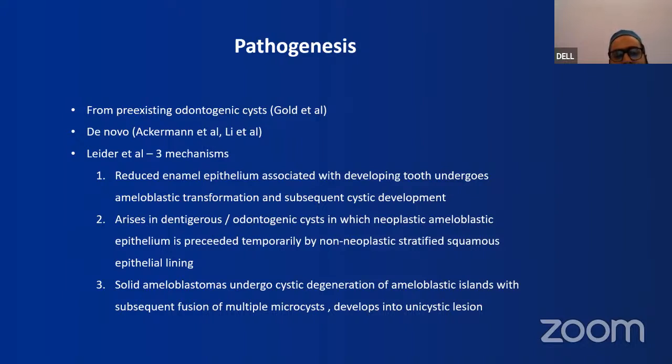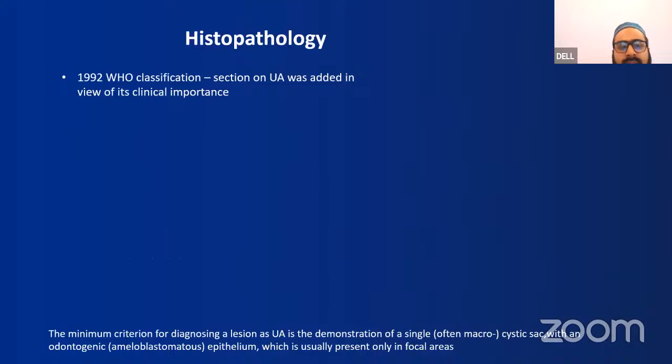Second one is from a pre-existing odontogenic cyst or dentigerous cyst, in which the neoplastic ameloblastic epithelium is temporarily preceded by non-neoplastic epithelial lining. And the third mechanism suggested is solid ameloblastoma undergoing cystic degeneration of ameloblastic islands with fusion of multiple microcysts developing into a unilocular cystic lesion.